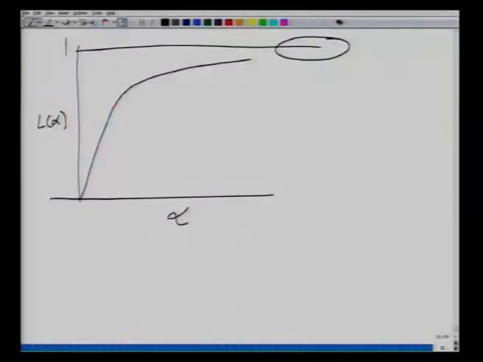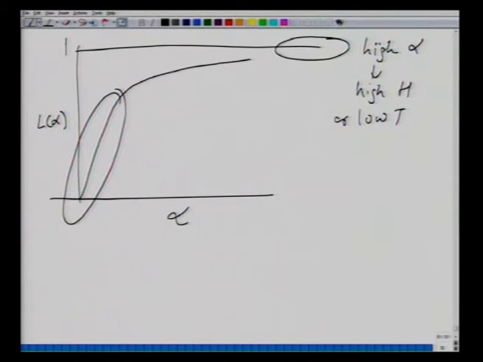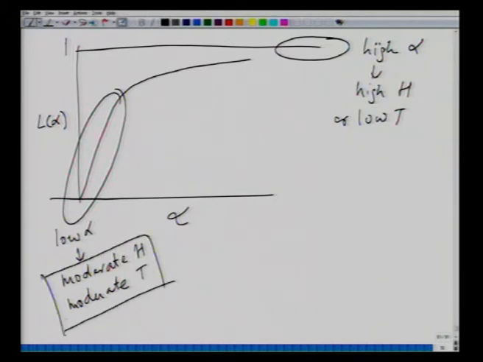So this side would essentially be high alpha, and that would mean high H or low T. On the lower side we have low alpha, and that would mean moderate H, moderate T, and this is the more realistic picture.